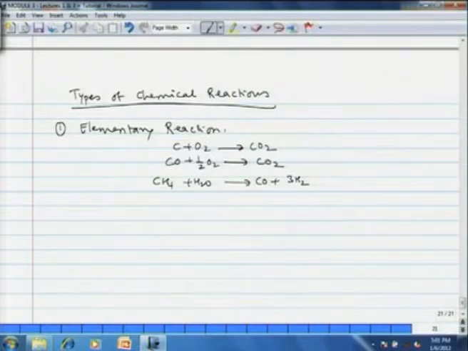So, these are the simplest type of reactions, in which the observed reaction kinetics matches overall with the reaction stoichiometry. Here the molecules of one or more species react with molecules of another species to give molecules of a third species, and the rate expression in this case can be denoted by a simple expression as follows.